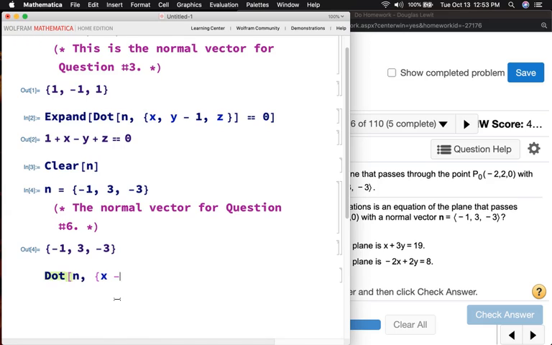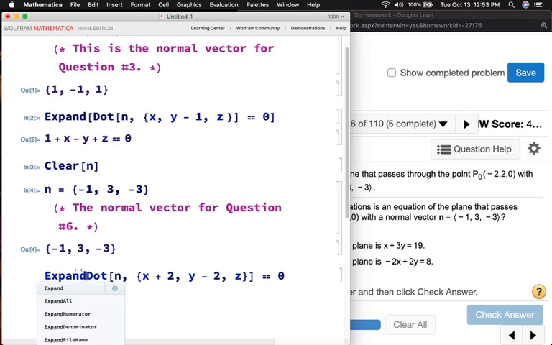Pretty simple. So, normal vector dotted with x minus a negative 2, right? That's just going to be x plus 2. Y minus 2, and then z minus 0, which is z. And the whole thing is equal to 0. Why don't we just expand it?